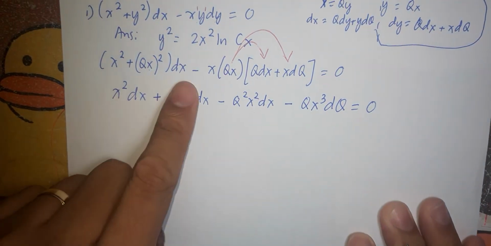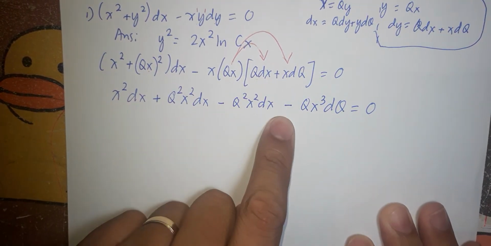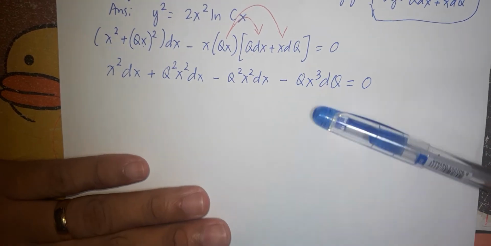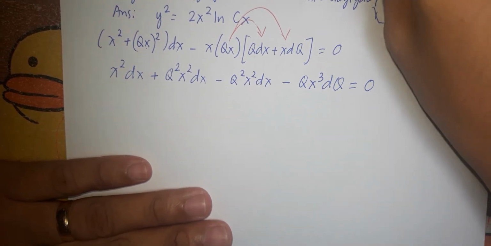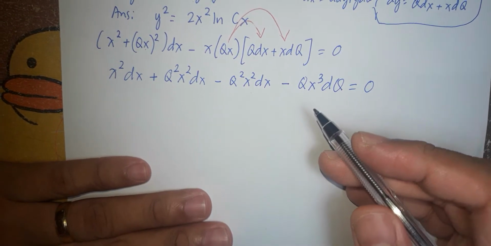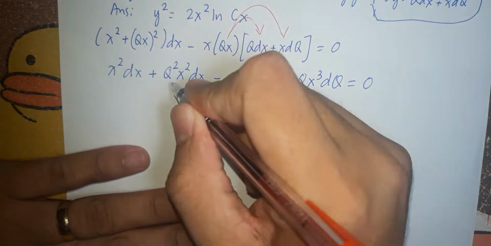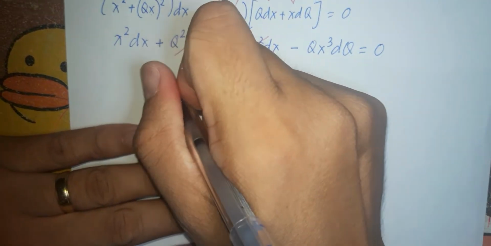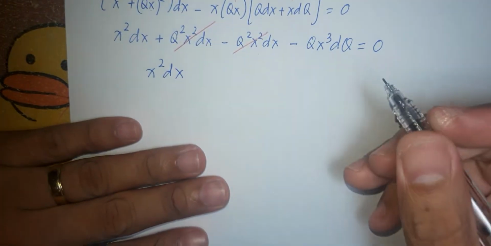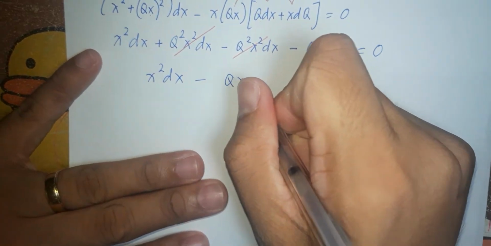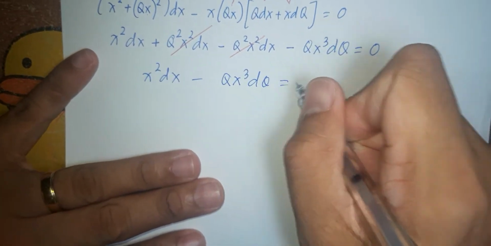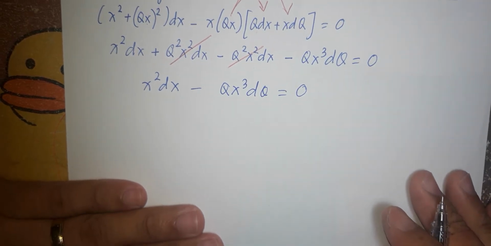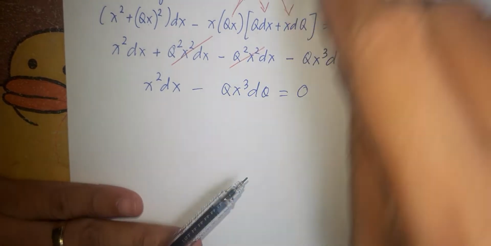So we get minus qx cubed dq is equal to 0. Again, this is minus multiplied by plus, that is why it became minus. So, notice that our middle terms are the same but of opposite signs. Combining, that cancels out, which gives x squared dx minus qx cubed dq is equal to 0. Now, it is ready for variable separable.